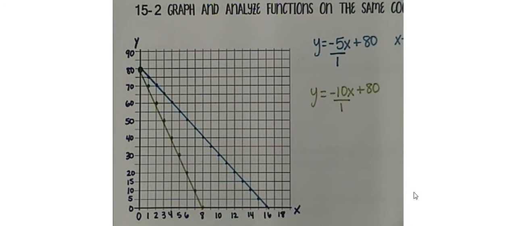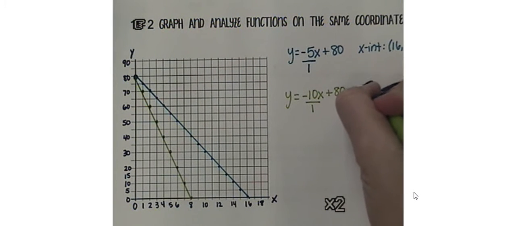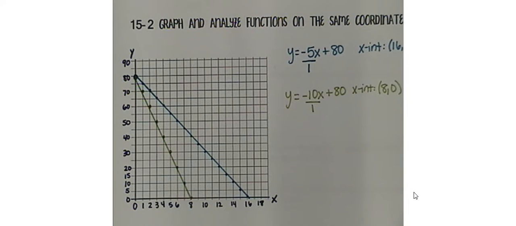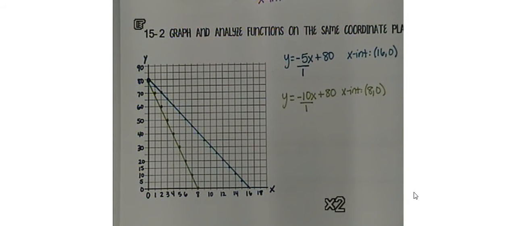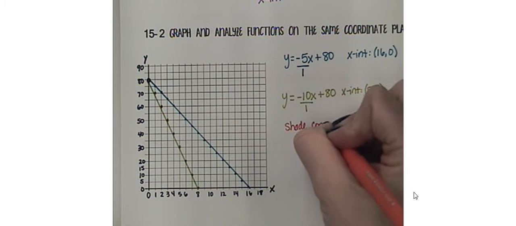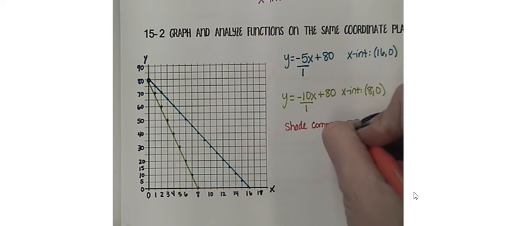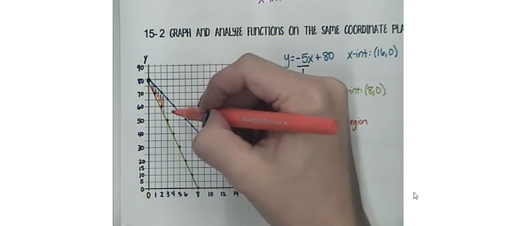And what's our x-intercept here? This time it's at 8. All right, what I would like you to do is go ahead and shade the common region. So that would be in between.